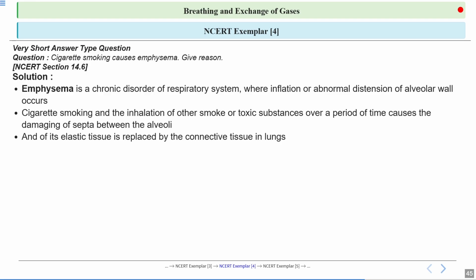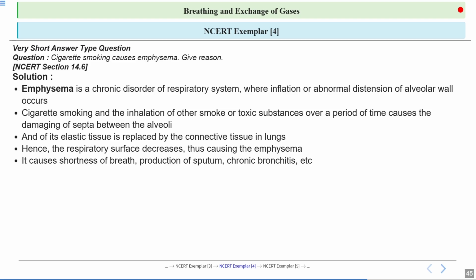There is no elasticity now. Elasticity is very important, that allows the movements in the lungs, that allows the movements in the alveoli. So it is replaced by the connective tissue. Hence, the respiratory surface decreases, and thus causing the emphysema.